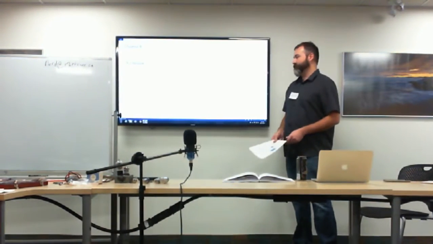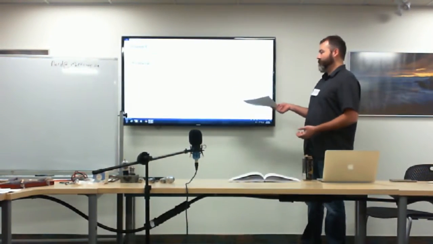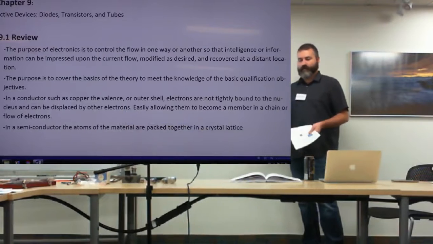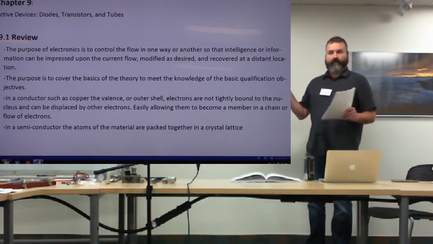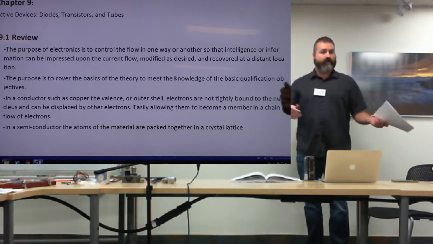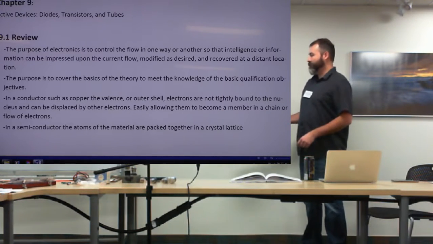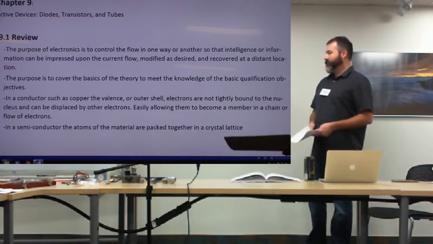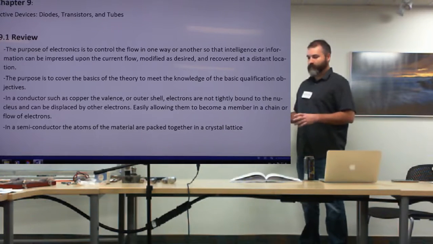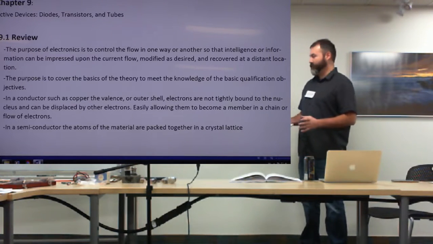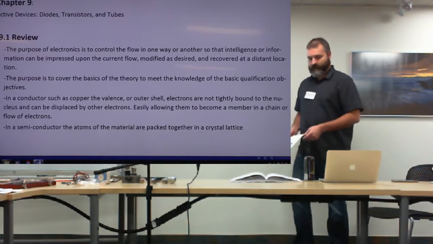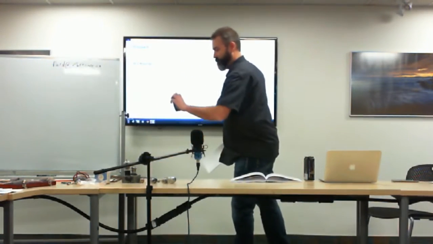You've talked about conductors in the previous lessons. A conductor such as copper has many electrons in the valence, or outer shell, of the atom, and they freely flow from one atom to another. A semiconductor is a little different, built up into a crystal structure.